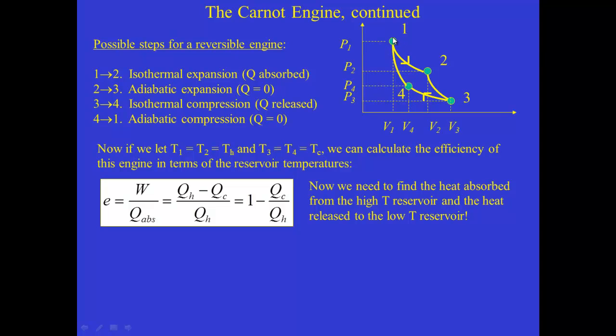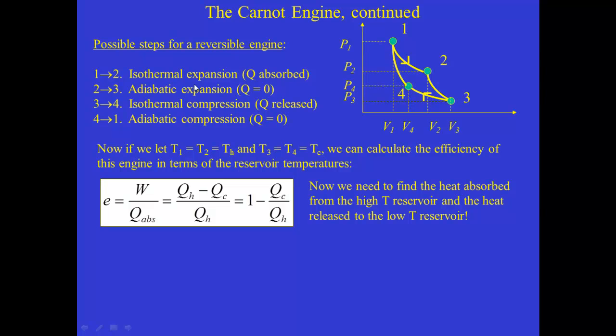Under these conditions, heat is flowing in. It's isothermal, so delta U is not changing. That means that Q is equal to negative W, and so Q is coming in. It's being absorbed by the gas during that step from 1 to 2.